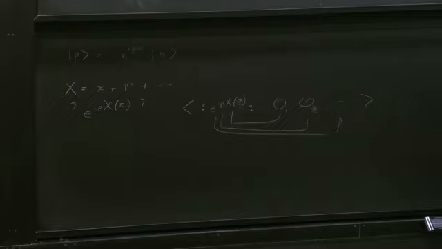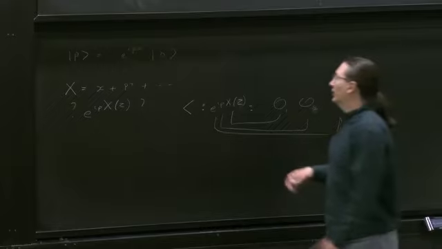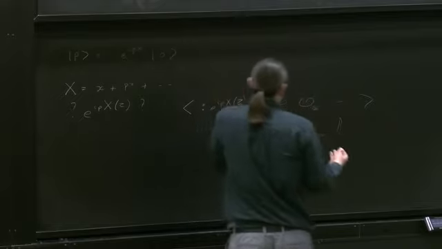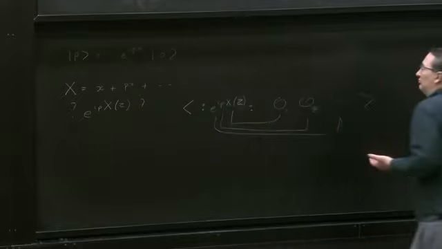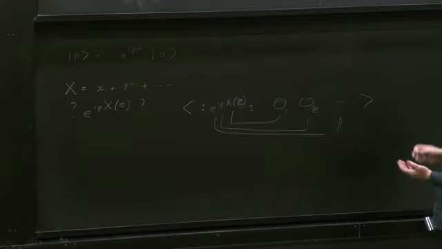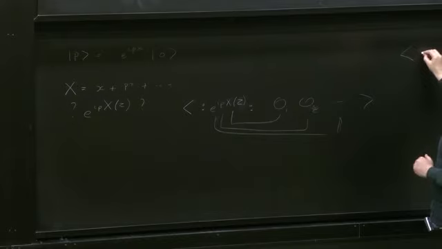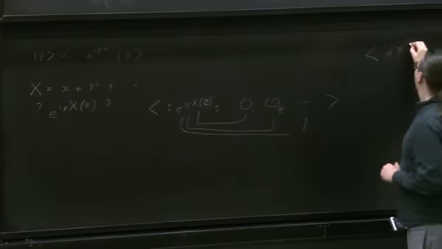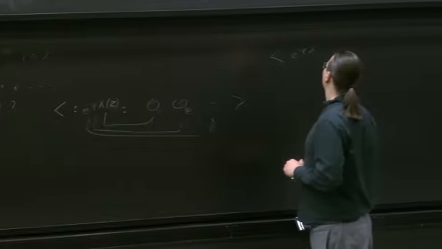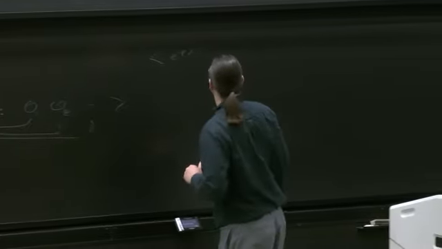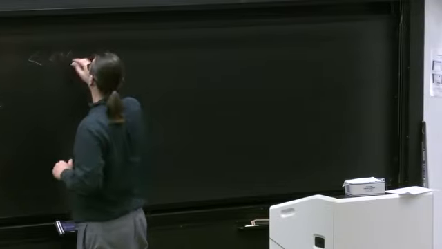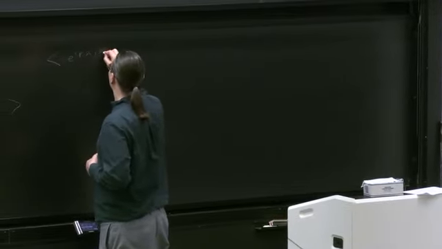So we could now use this prescription to do some calculations. For example, you could say, okay, what's the correlation function of e to the ipx, normal ordered? I will not write the normal order.